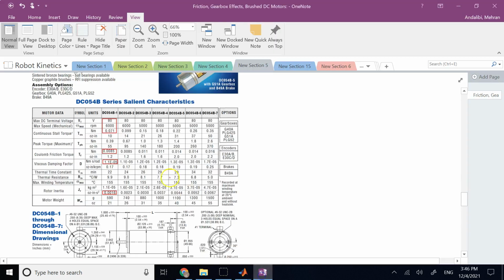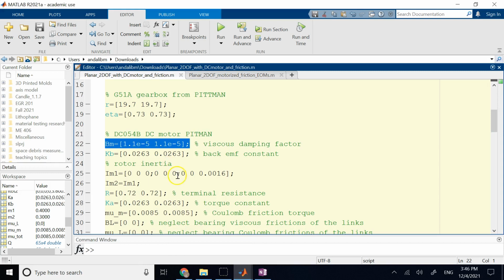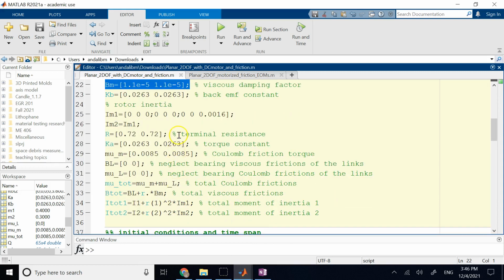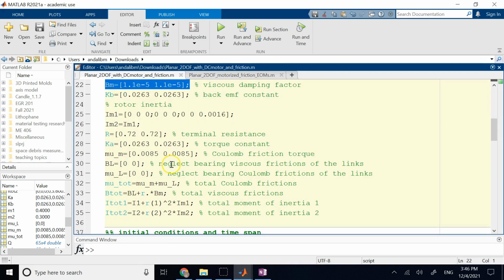Then going back here, I have a rotor inertia for each, which is 0.0016. So again, you can see that guy here, right? 0.0016, and that's only IZZ.